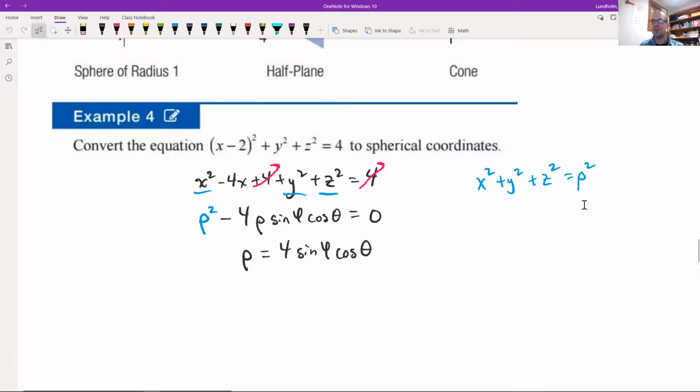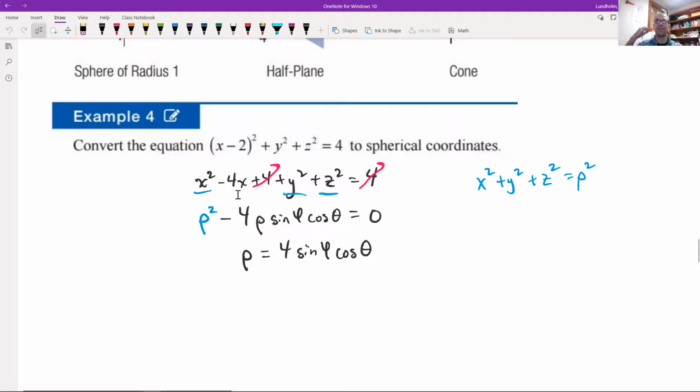So we're going to be able to use this to create a rho squared after expanding x minus 2 squared out. We get x squared plus y squared plus z squared, which turns into rho squared. And then these 4s will cancel out because we've got a plus 4 there and a 4 over there. The final thing that we need to pay attention to is this minus 4x.